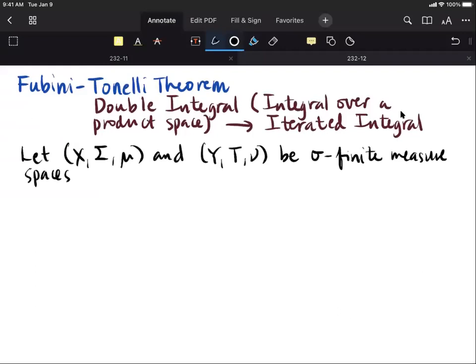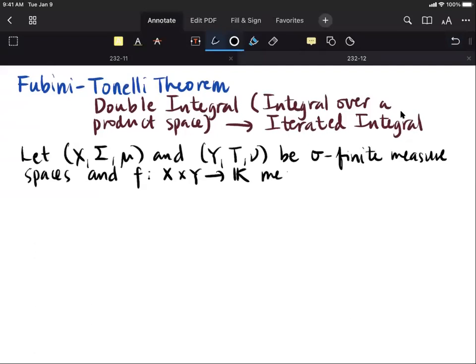And a function f from X cross Y into K. And let us define the map Ix.